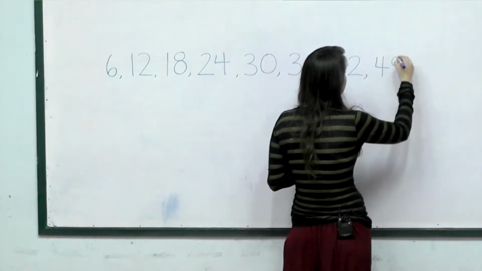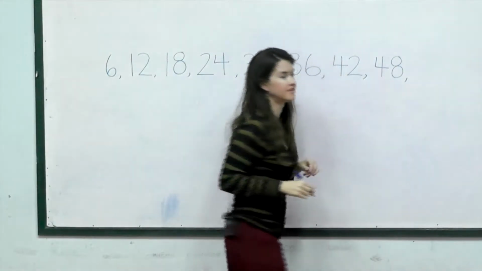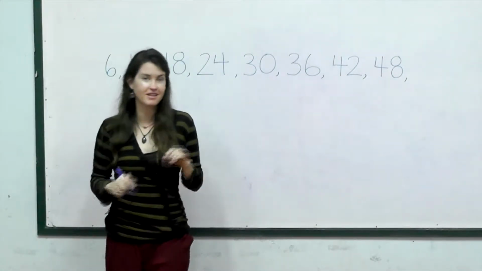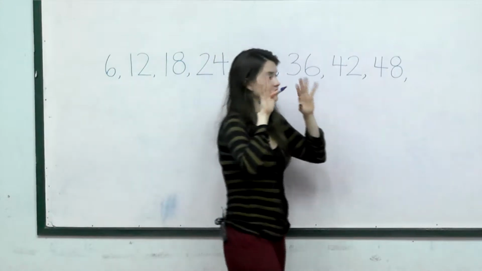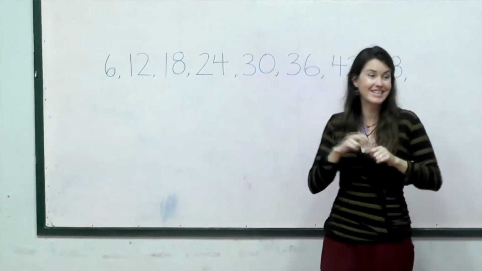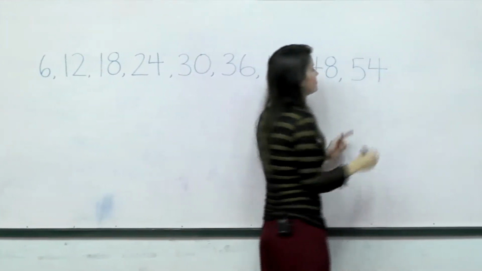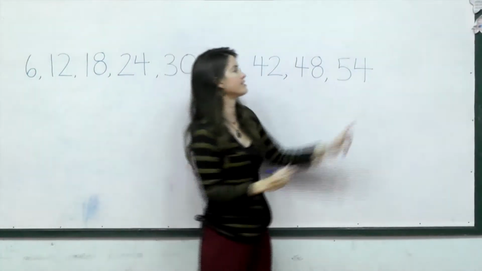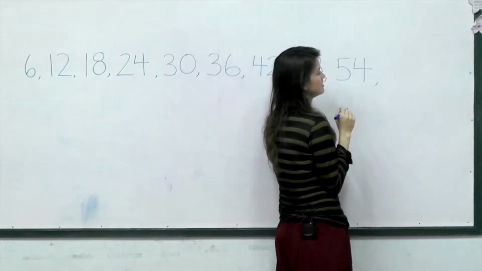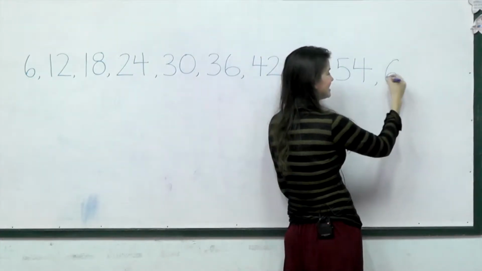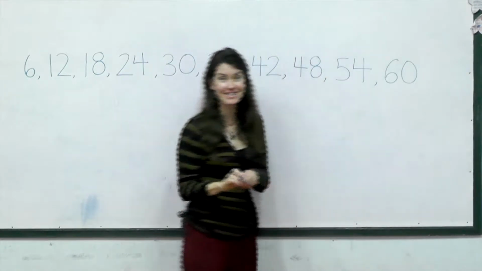And 54. We could use our finger trick because that one is 6 times 4. What's our last number? 60. Good. Very nice job, friends.